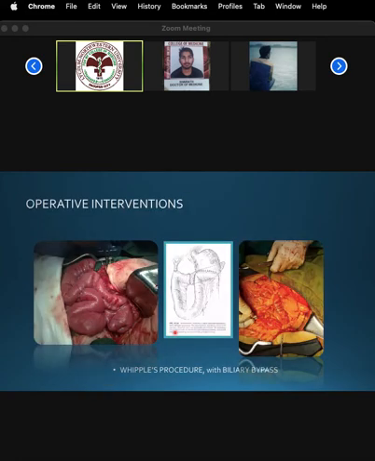For Whipple's procedure, let's just say that we take out the head of the pancreas, we take out the duodenum, we take out the common bile duct, sometimes even the distal portion of the stomach we take out. Or if the spleen is involved, we take out the spleen. Okay?